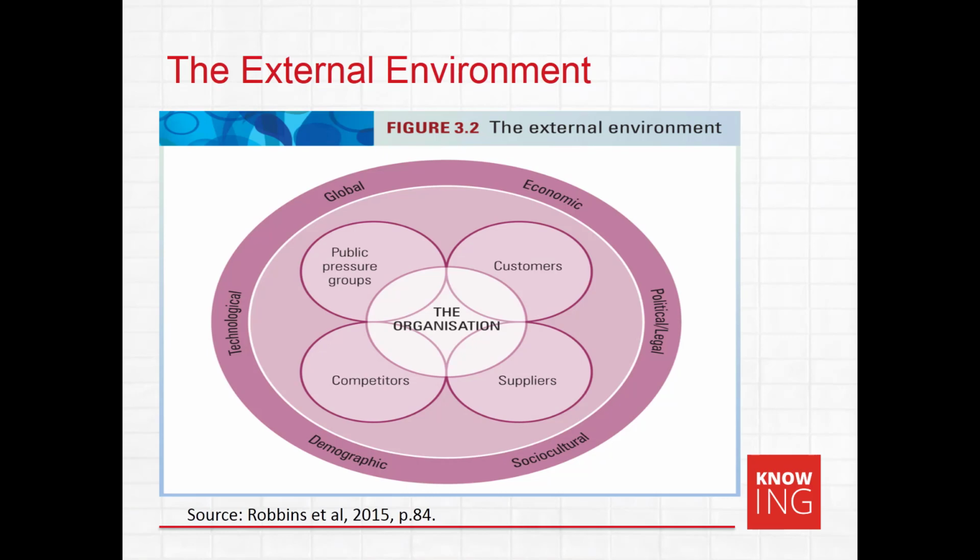The specific environment are those parts of the external environment that is unique to the organisation itself and influences day-to-day operations. The specific environment may also be called the task environment. The specific environment consists of public pressure groups that might also be called advocacy groups or special interest groups.